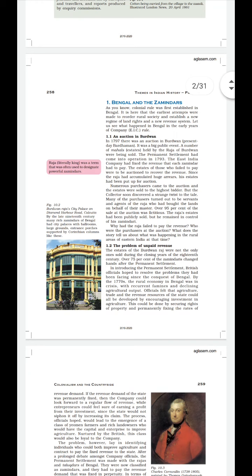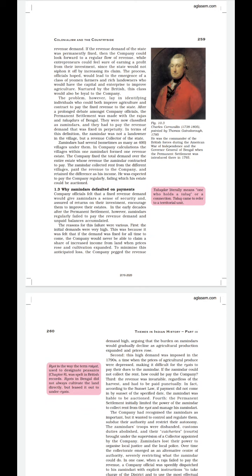And if they failed, then the Jamindar's property used to be auctioned. Earlier, the power of the Jamindar was limited. The company dismissed the Jamindar's troops and custom duties were abolished. Their kacheri, that is the court, used to come under the Jamindar.